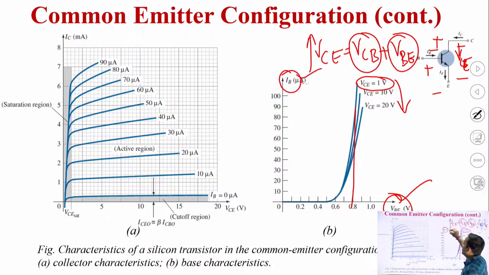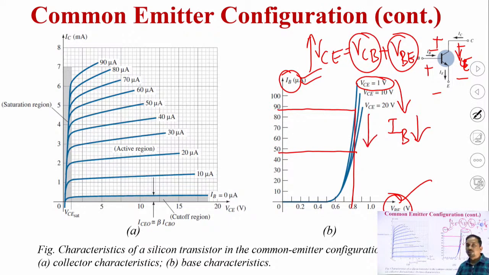The base current depends upon the recombination, so if the recombination decreases, naturally the IB value will decrease. So we can observe here that if we increase the value of VCE, our IB decreases.